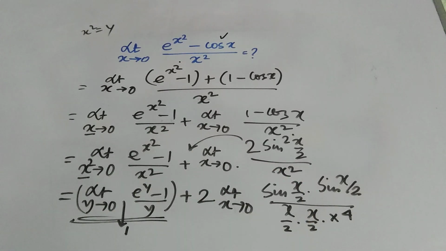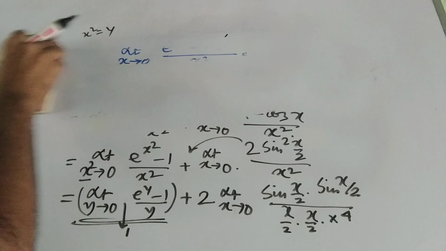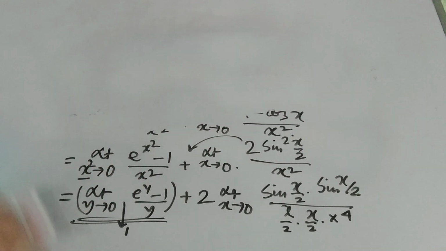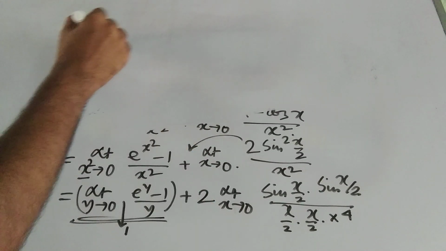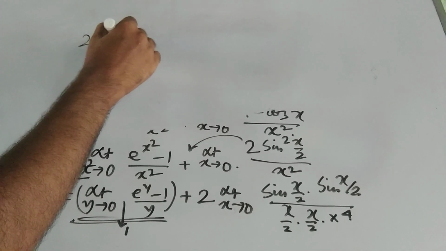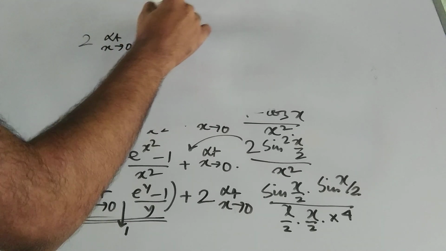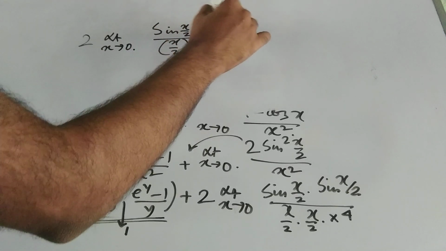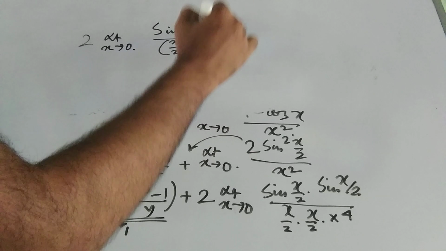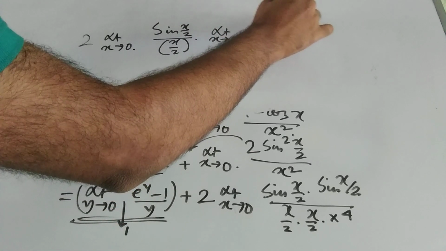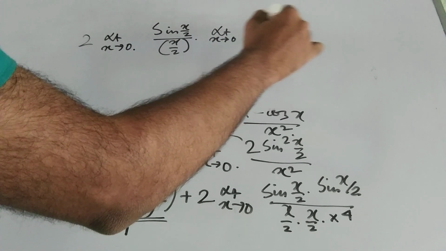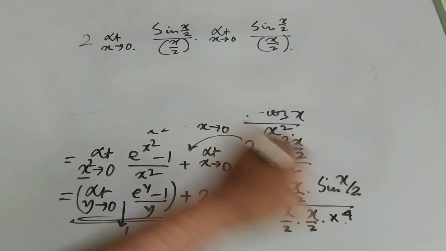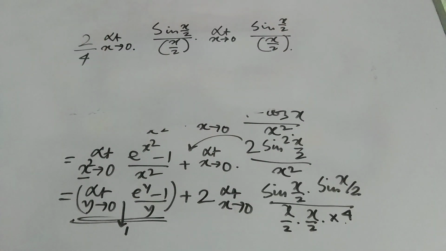And the second one, how I am going to evaluate that, I am showing you in the upper section. The second one, that is this part, 2 into limit x tends to 0, I can write it as sin x by 2 divided by x by 2 into another limit as limit x tends to 0 sin x by 2 divided by x by 2. At the same time, 4 is extra, that is in the denominator, so that can come out of the limit expression. So it becomes 2 by 4.